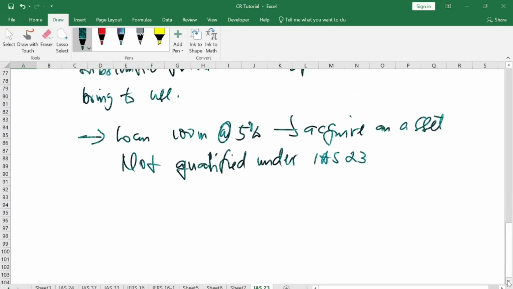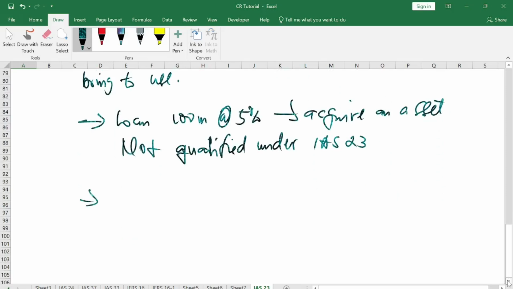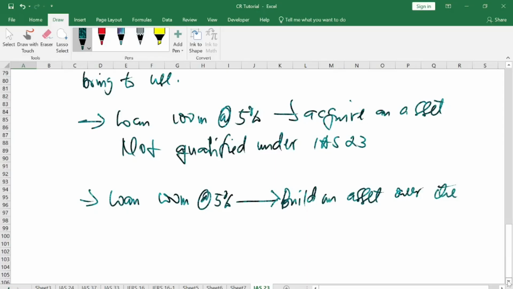Now, when you take a loan of 100 million at an interest rate of 5%, and you use it to build an asset over a period.